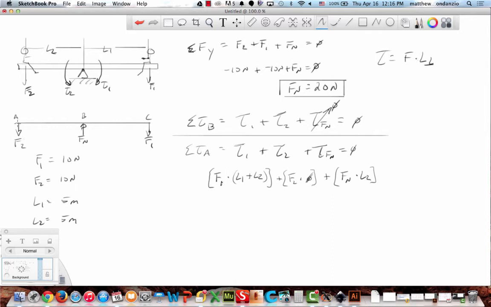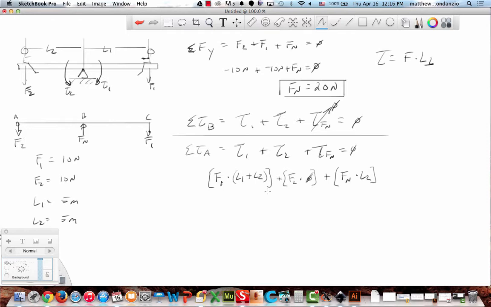Here, that's point A. So Fn is only L2 away from A. F1 is L1 plus L2 away from A. F2, how far is F2 horizontally from A? 0. Torque 2 is from F2, right? So it's like the Fn in the first one, but don't just memorize it. It's coming out the same way.